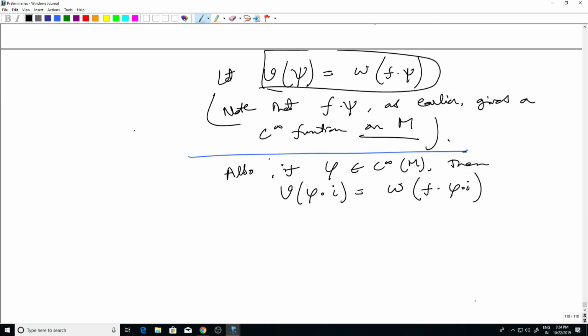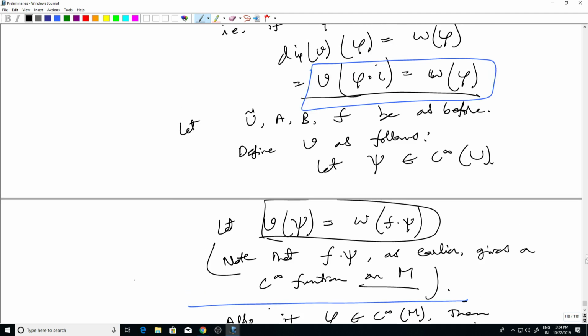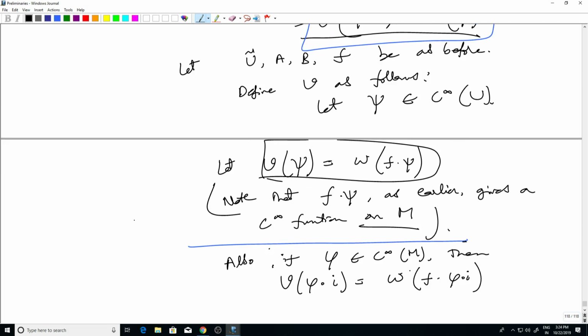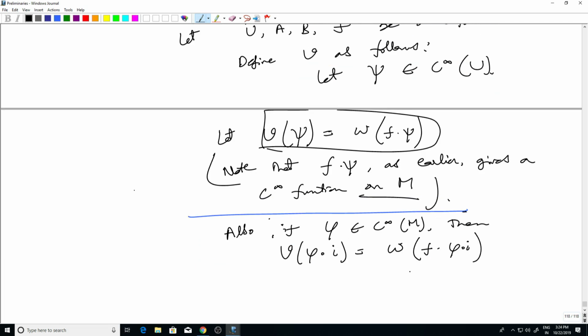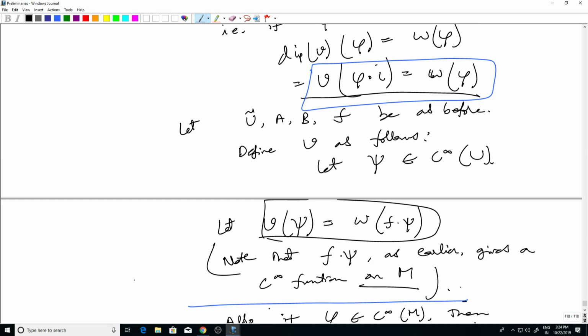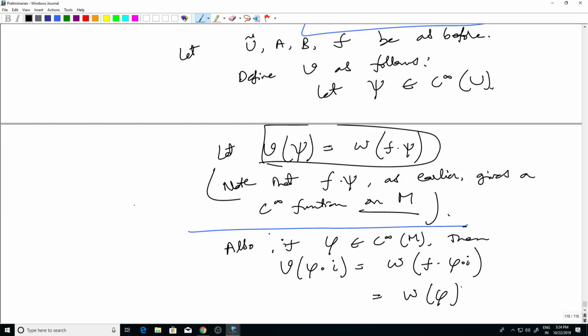And what are we supposed to check? The question is, is this equal to W of phi itself? Actually, not quite this, so here I should change it a bit.